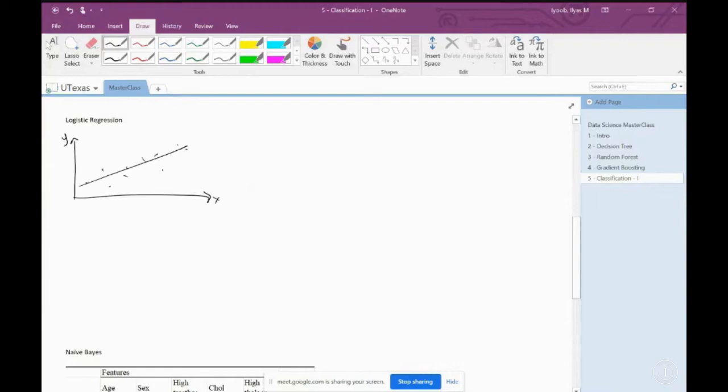But what if instead of it being evenly distributed, y's cannot take continuous values, but they actually can only take discrete values. That means they can only take 0, 1, or some few values. Then you will start to see values like this, right? You'll start to see some values here, and then you'll start to see some values here where this is 0 and this is 1. Right? You can't have values in between 0 and 1.